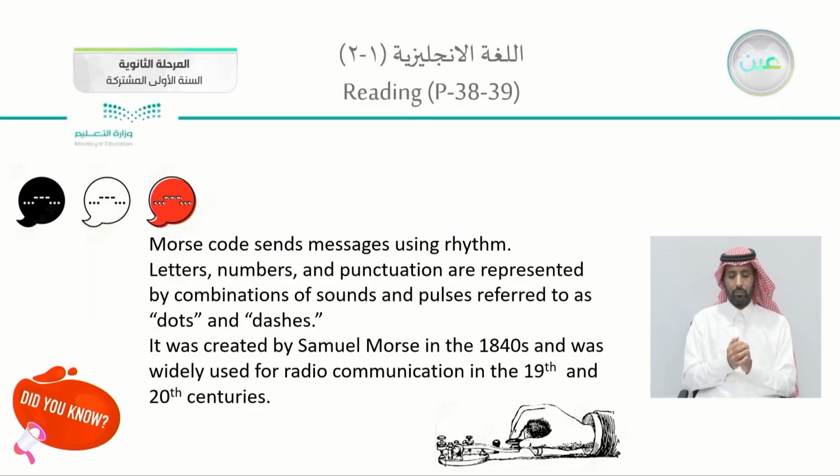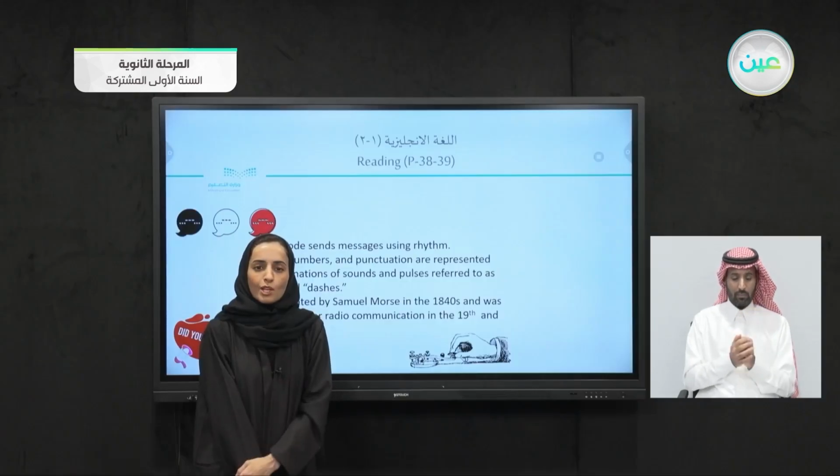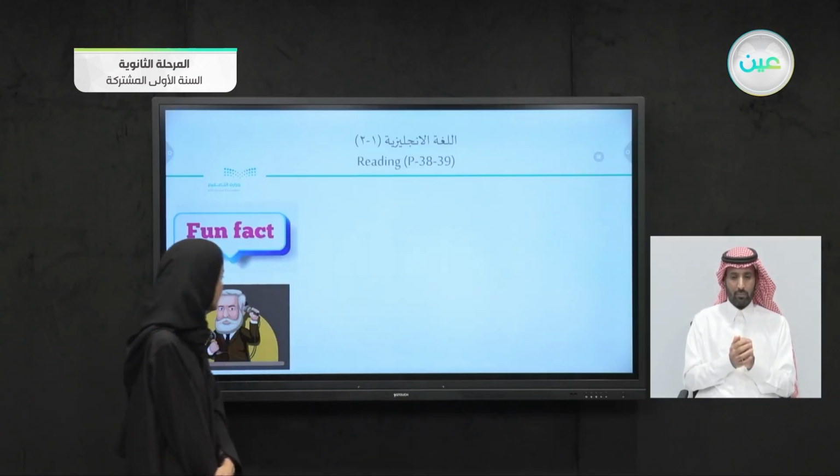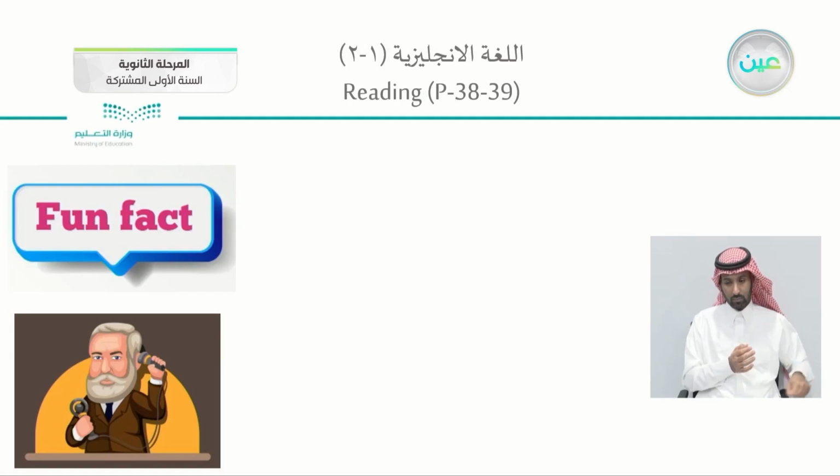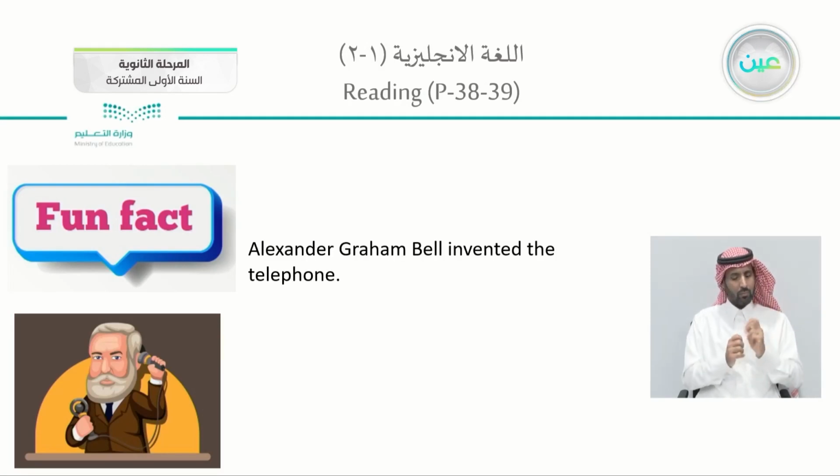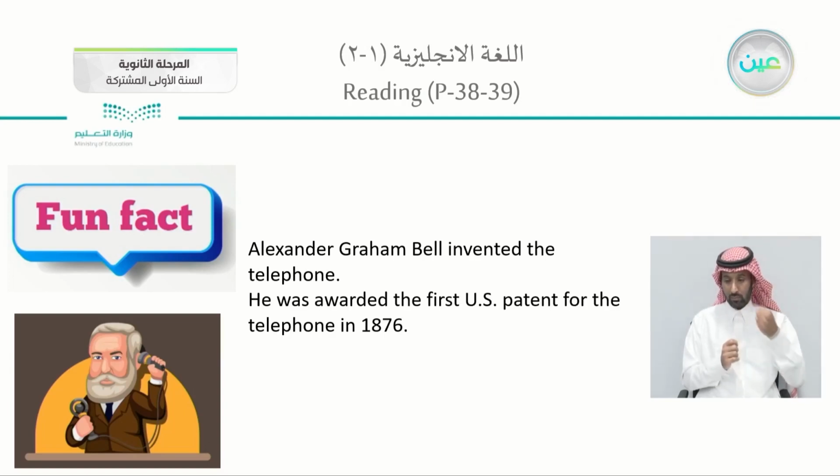How about the other one, which you are more familiar with, which is the telephone. Who invented the telephone? He is Alexander Graham Bell. He was the inventor of the telephone. He was awarded the first US patent for the telephone in 1879, so in the 19th century.